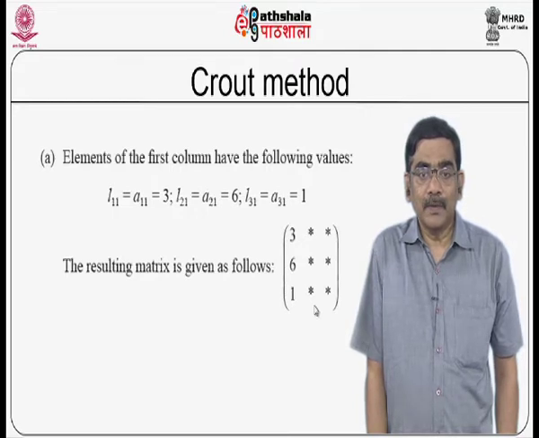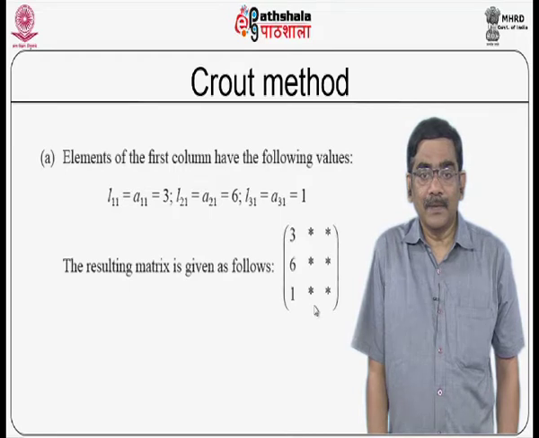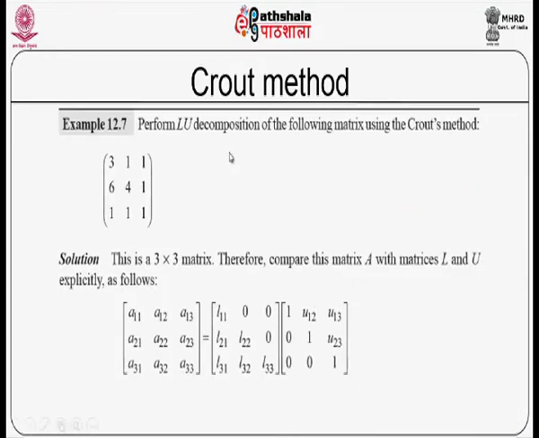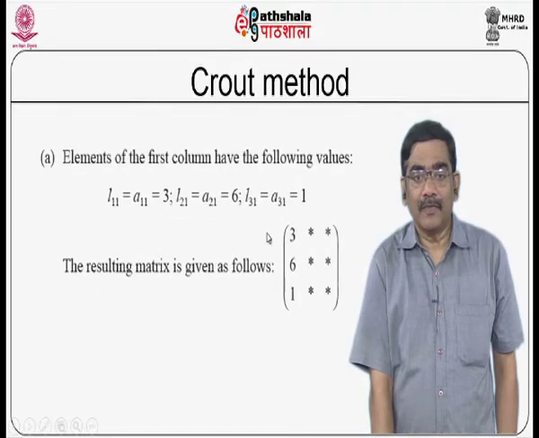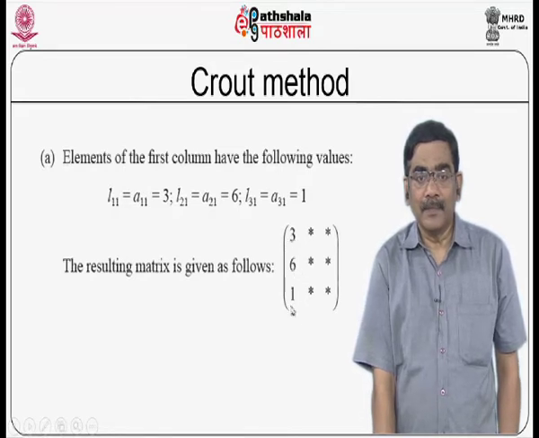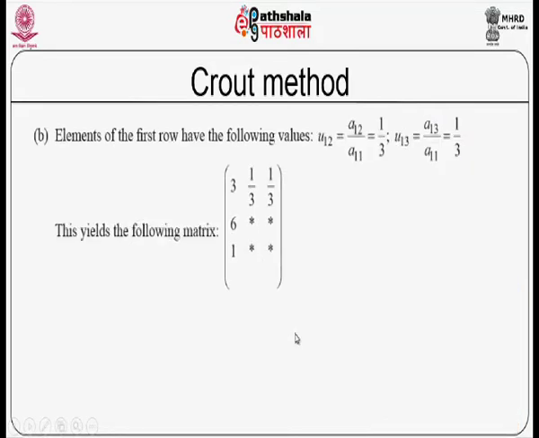So, L21 is equal to A21 and L31 equal to A31. So, now I can use the values straight away, 3, 6, 1, and I can find the elements of this particular column. So, similarly, I can find the first row U12 and U13.